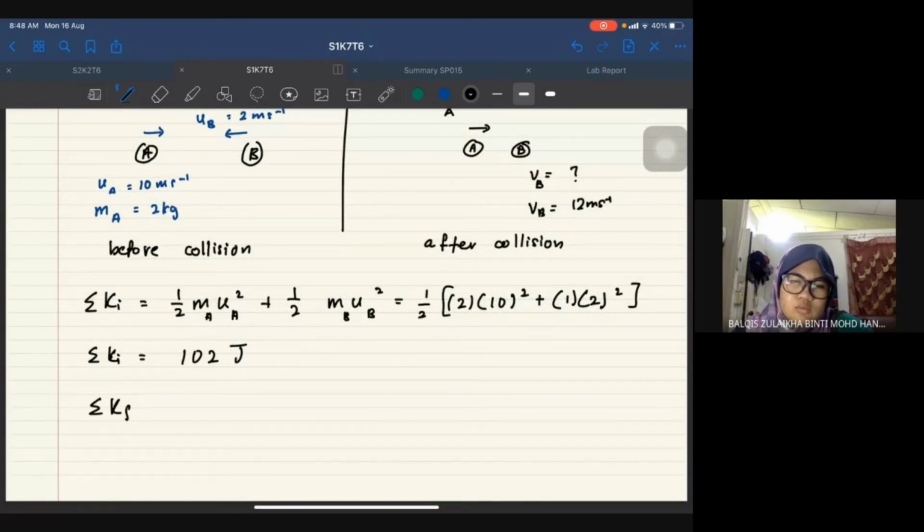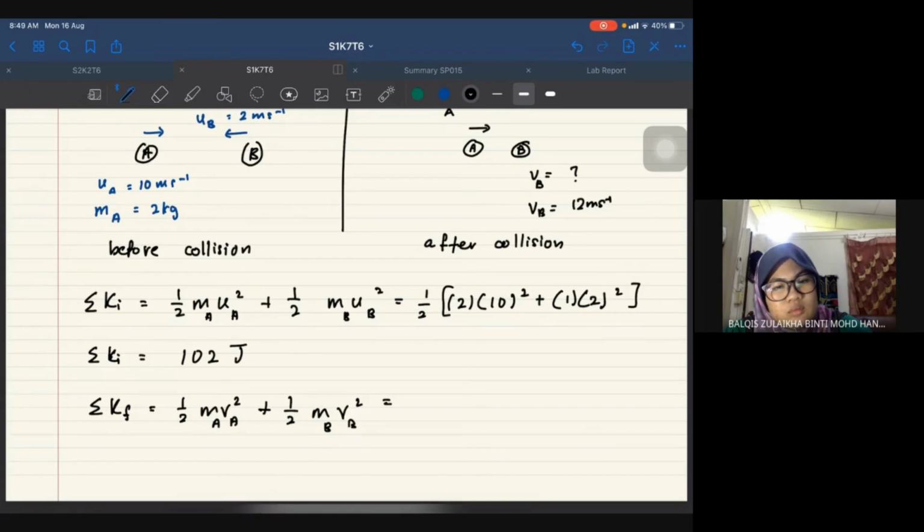So final is equals to half mv square plus half mv square. Again, this one's for A and this one's for B. So important for you to use the subscript. Dia tak ada markah untuk subscript, tapi tulislah.